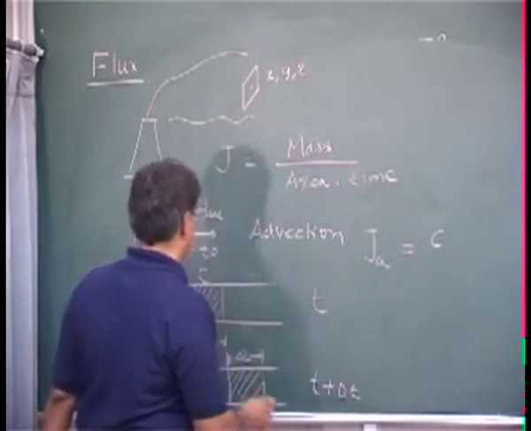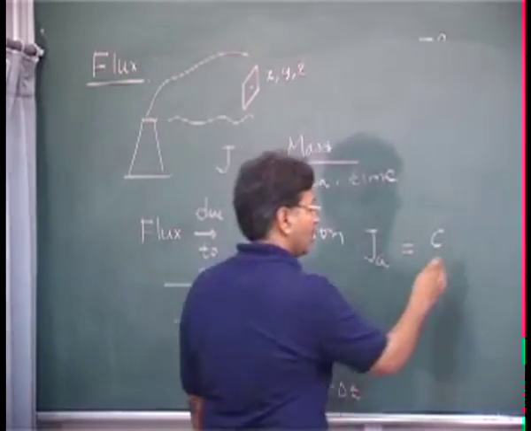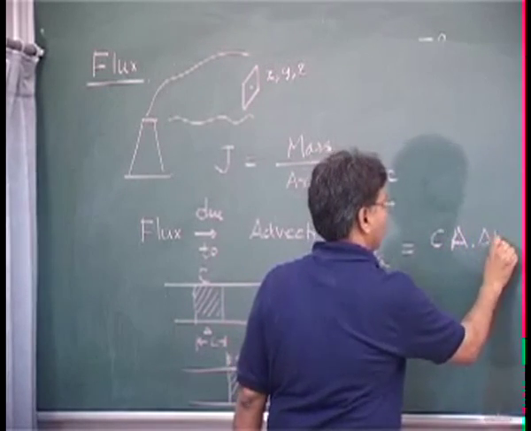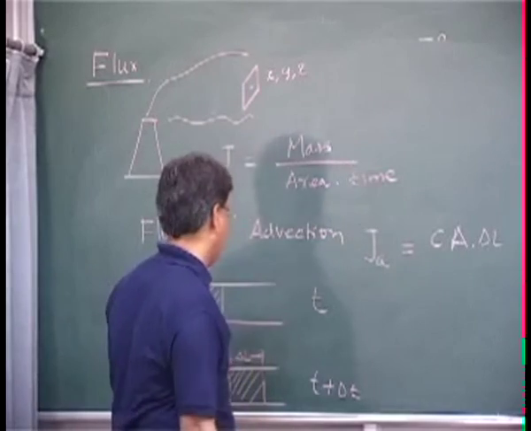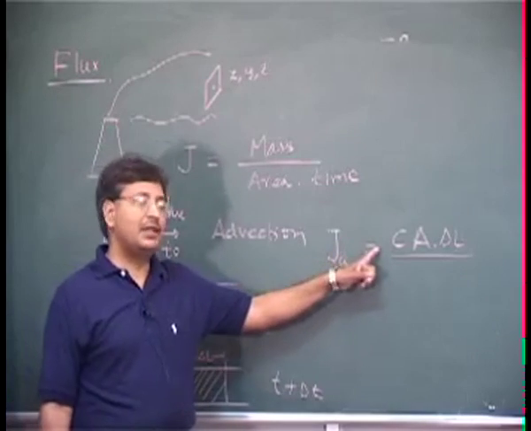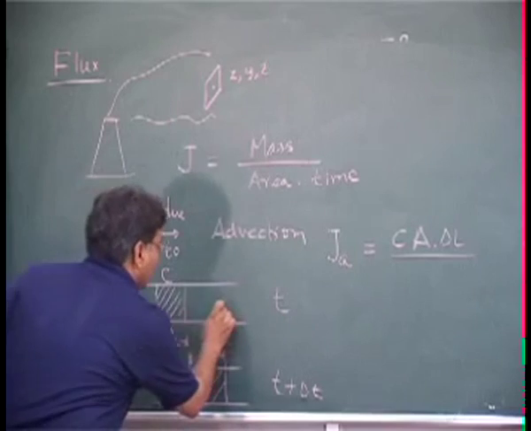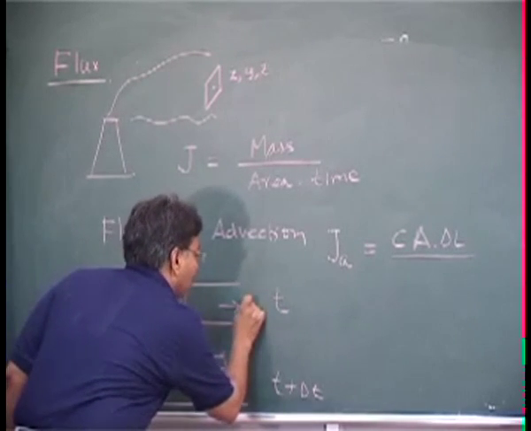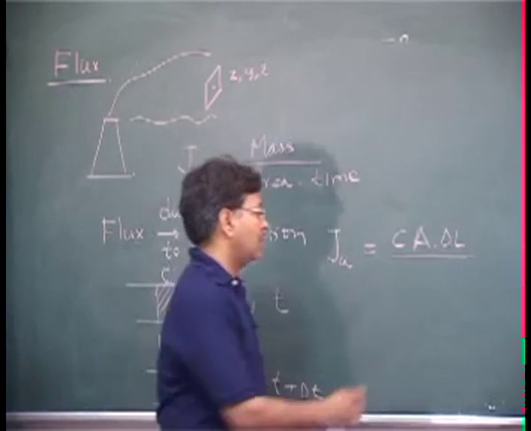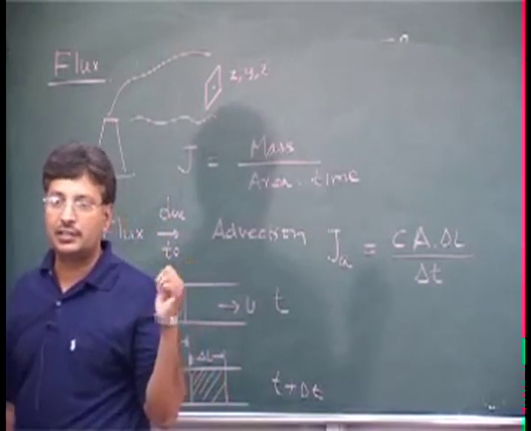The volume will be, suppose the cross-sectional area is A, so A times delta L. Did I get the mass? And suppose the velocity, if you like to call it u, I can divide by delta t. Is this a flux?